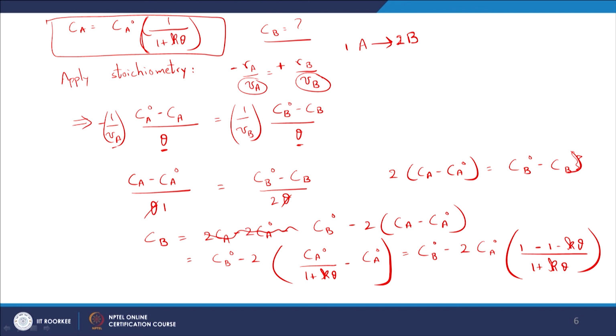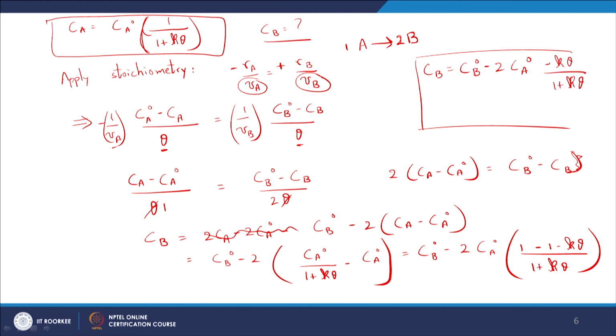If I make this positive, this is going to be a positive term here, and this is what we are going to end up with, right. Cb is equal to Cb naught plus 2 Ca naught k theta by (1 plus k theta).